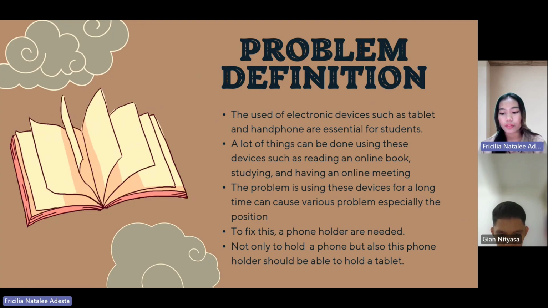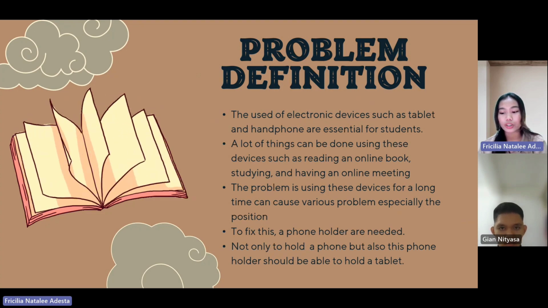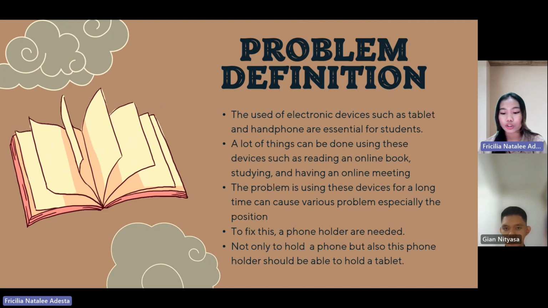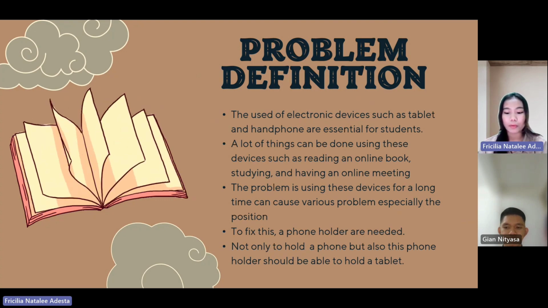So the phone holder must have adjustment features. Not only that, but the phone holder must require less space to use and be convenient to carry around, so that the students can use it anywhere they want without taking up more space.